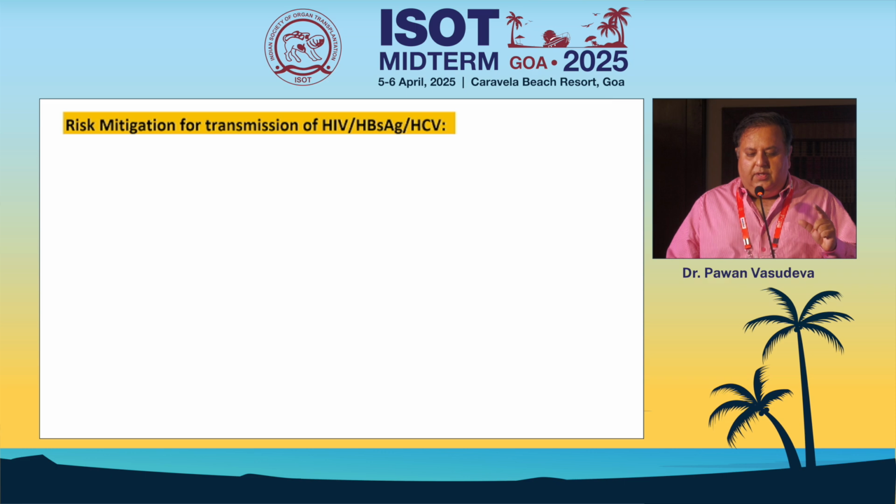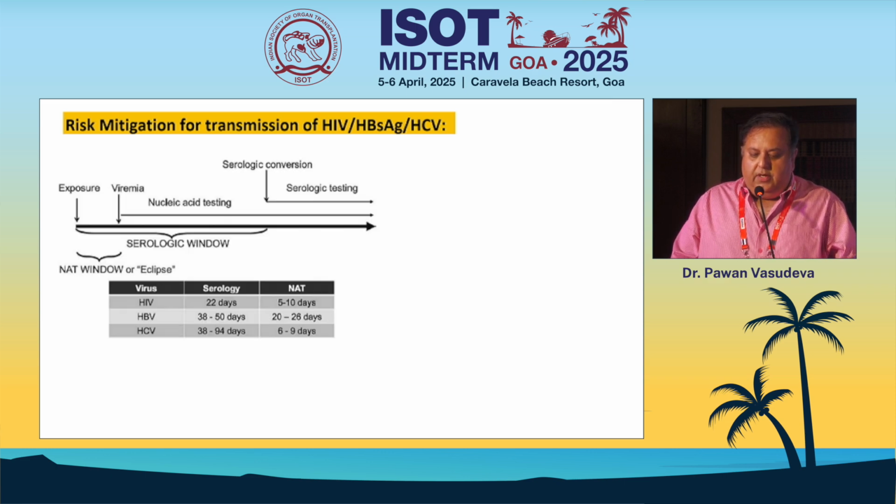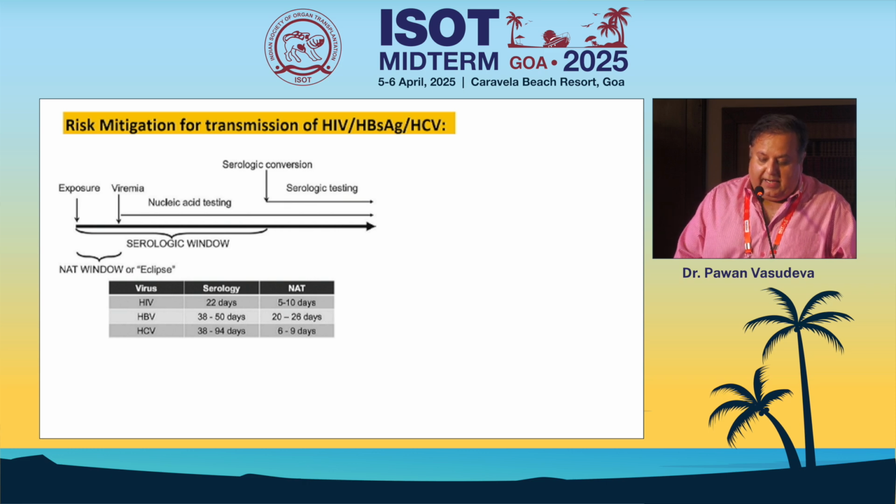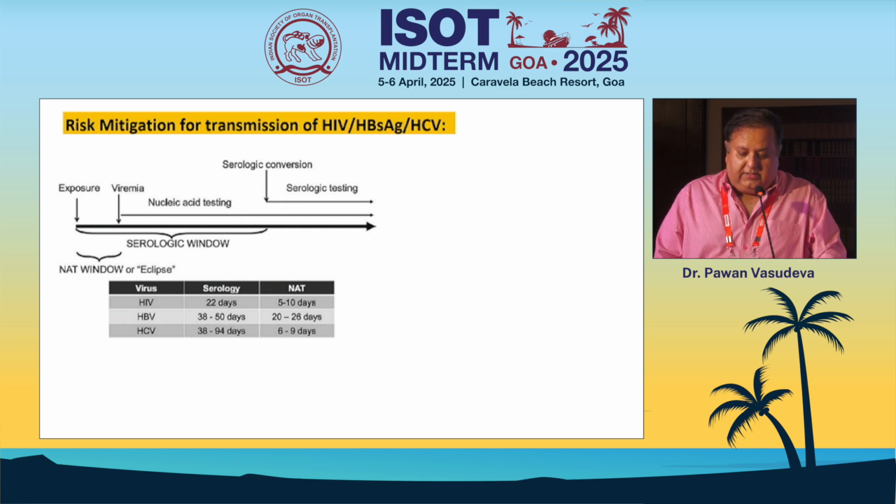So how do you mitigate the risk or decrease the risk for this transmission? In this slide, if you see, if you're doing NAT testing for your HIV, HBsAg and HCV, if you look at HCV, if you're doing serology, it takes more than a month, up to 3 months, for it to show up. Whereas if you were doing NAT, it would come up in 6 to 9 days.